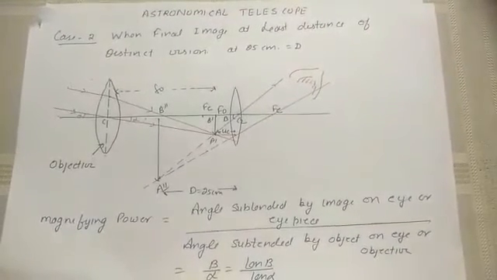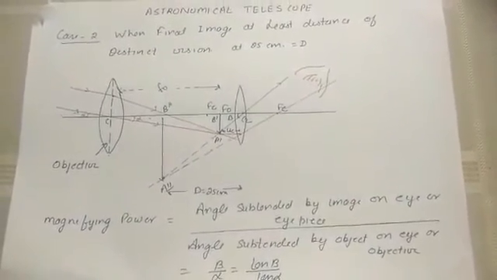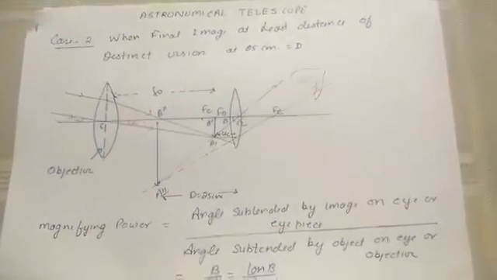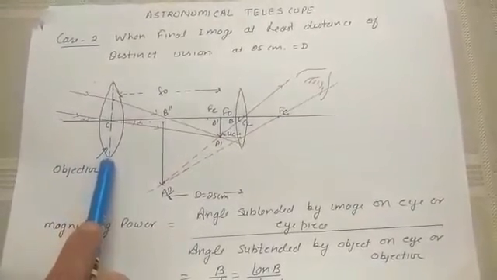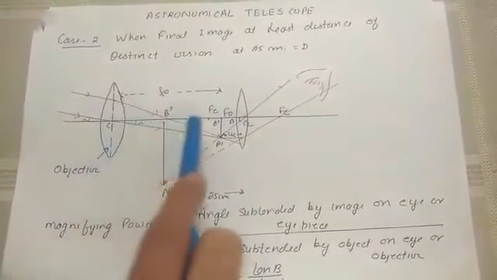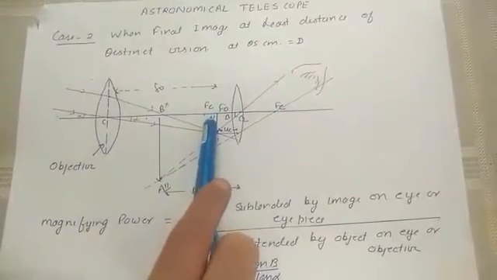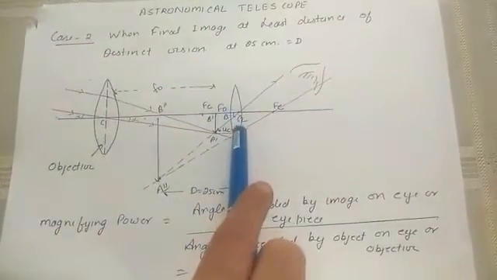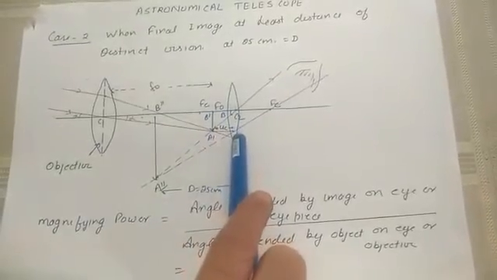And same here in the telescope, again there are two lenses, one is objective and other is eyepiece. Objective is very large, it's of large aperture and having larger focal length also, as I told you in the last video also. And eyepiece is of very small focal length and small aperture.